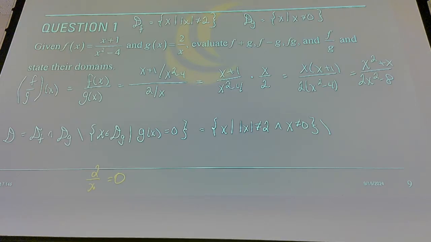How would you solve that? It's undefined at 0, never equals 0. Yeah, there is nowhere it equals 0. If you were to try to solve this, multiply through by the LCD, which is x. You wind up with 2 equals 0, which is nonsense.